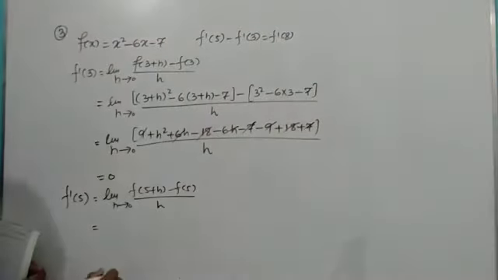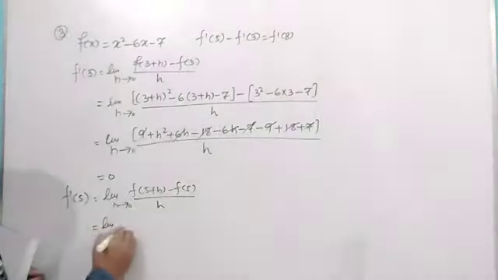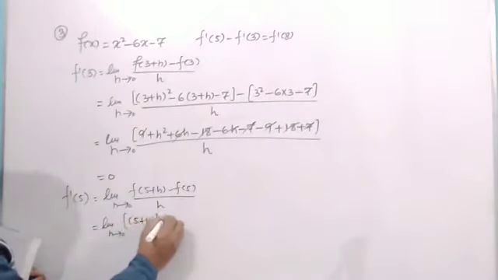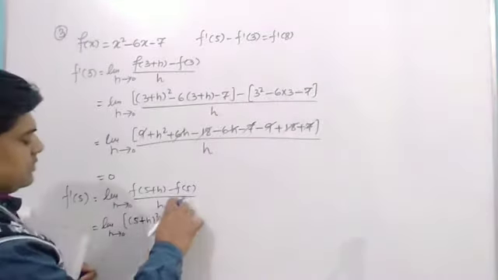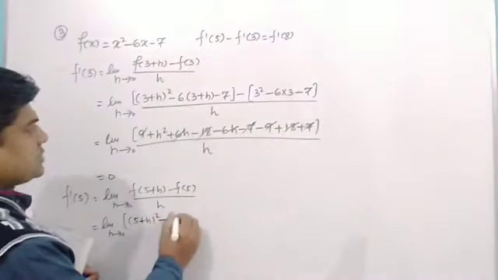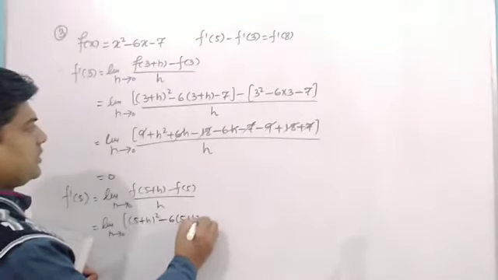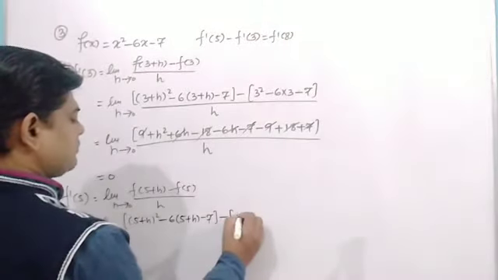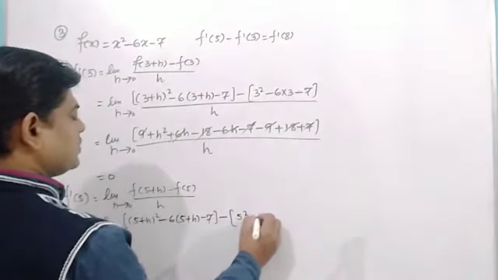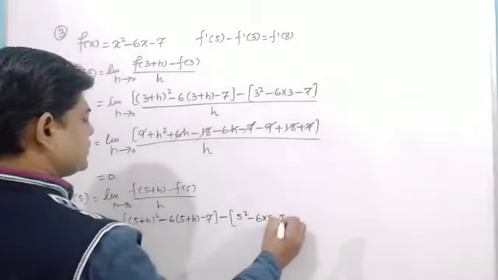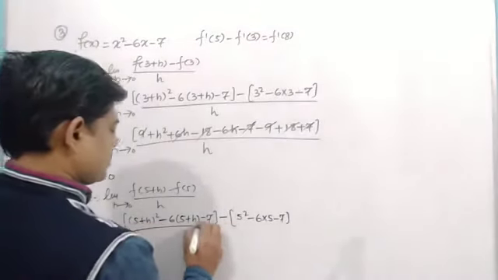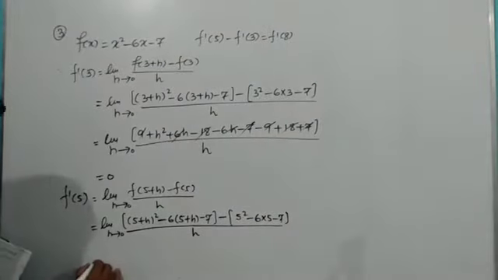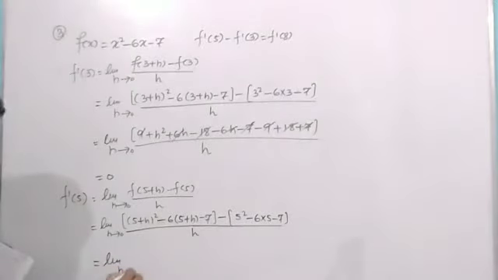Now it can be written as limit h tends to 0 of (5+h)² − 6(5+h) − 7, minus 5² and 6 into 5 minus 7 again, whole upon h. Now we must simplify it.